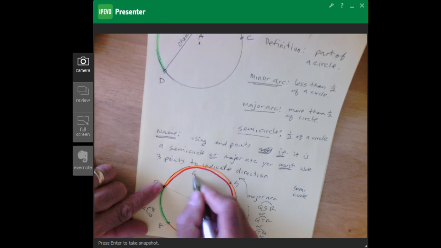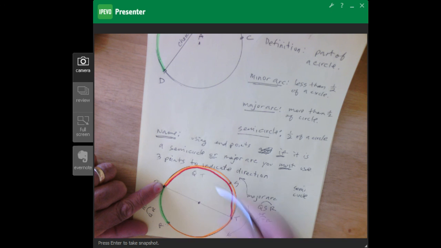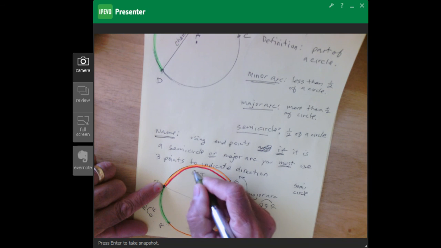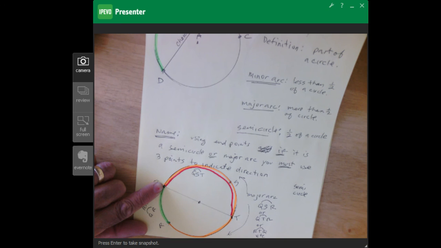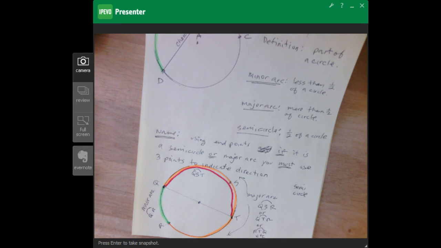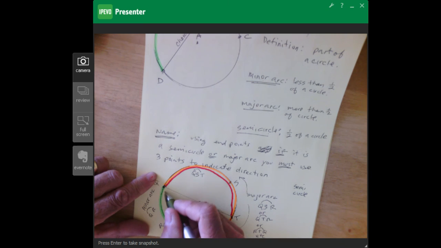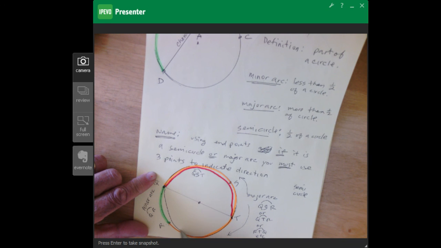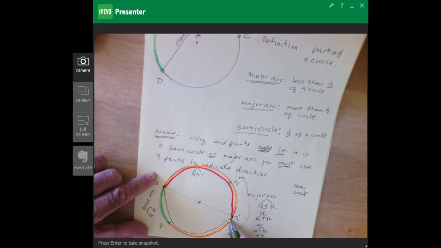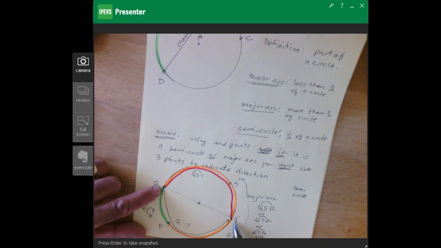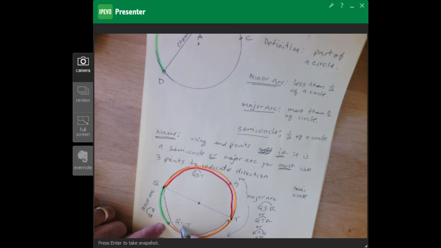And so we would have Q, T as our endpoints, but we went through S. So S has to be in the middle. That's how you name and represent it. Okay? If we wanted to go this direction, that would be Q, end at T, but this time passing through R.